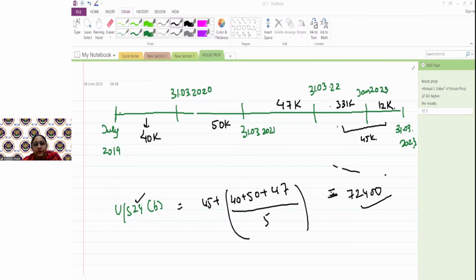करंट ईयर इंटरेस्ट 1 अप्रैल से 12 से लेके जनवरी 23 का गाइस वाज 33. यहाँ पे क्लियरली लिखा हुआ है. सो दृश्य, आई होप इट इज क्लियर. सुशील, अब समझ आया कहाँ गलती हुई. 72,400 गाइस, 67,400 कैसे आया? दीक्षा had answered correctly. भूमिका, Dinesh, very good.